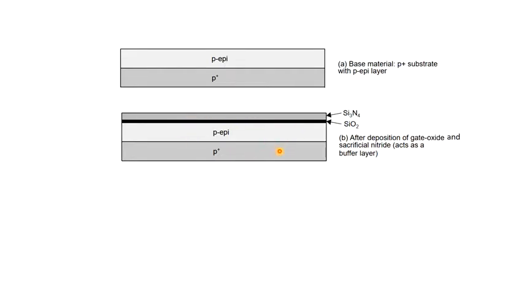What do you think we should do next? Yes, you are right. We should create the NMOS as well as PMOS, meaning N channel MOS and P channel MOS. But we have to remember that the N channel and P channel devices which will form on this wafer have to be electrically isolated from each other. How can we make them electrically isolated?